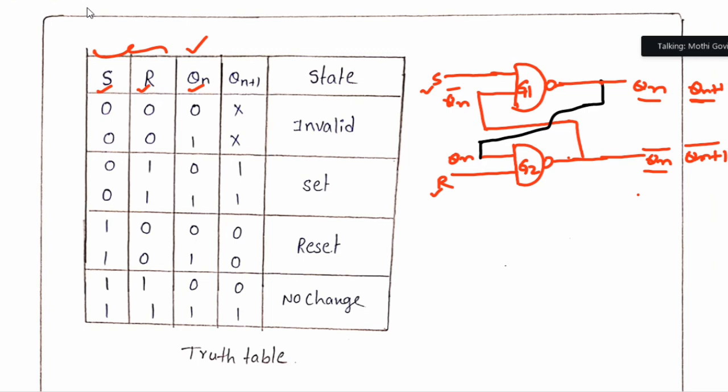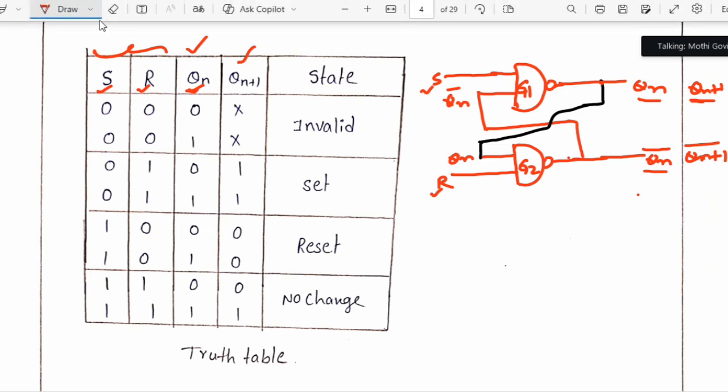The S and R are the present inputs, and Qn and Qn bar are the past outputs. Then we give these inputs to NAND gate 1 and NAND gate 2. After that, you get the next state output Qn plus 1. Let us discuss.